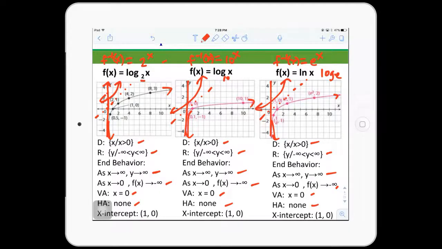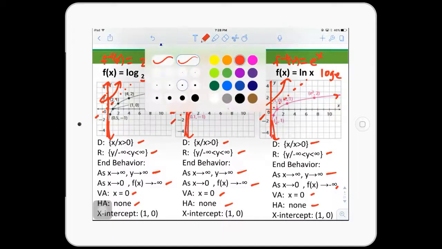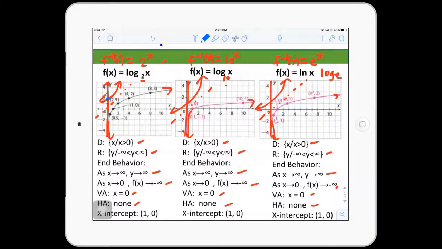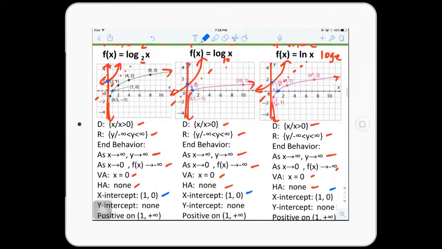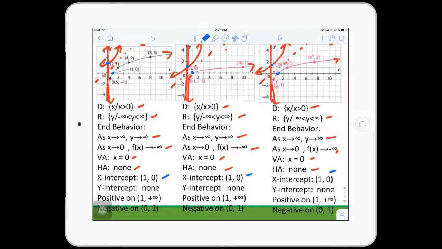Instead of having a y-intercept like all of the exponential functions have, where the y-intercept is here, here, and here, the logarithm functions have an x-intercept. Notice that they're all at (1, 0). So those are the characteristics. Taking a look at the y-intercept, there are none, because the graph does not even cross the y-axis.